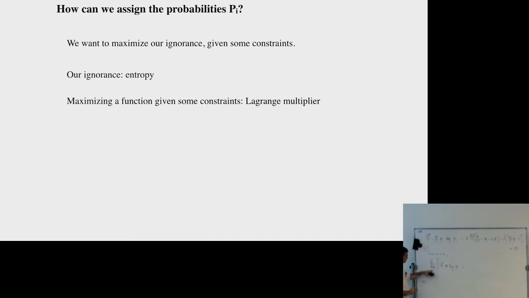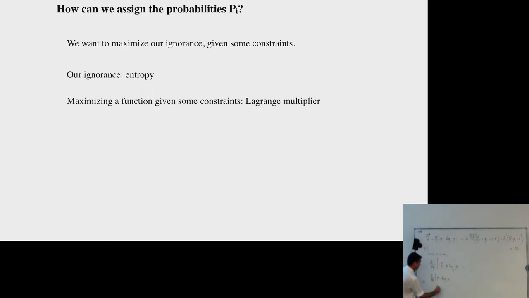Now if I just take the derivative with respect to pi, the sum over i doesn't matter anymore. I can take the derivative for each i independently, and this is going to give me d over dpi of pi log pi and the rest. Let's take the derivative here.